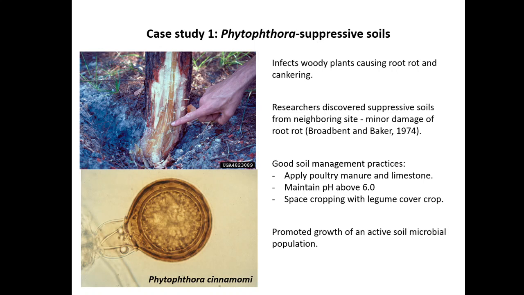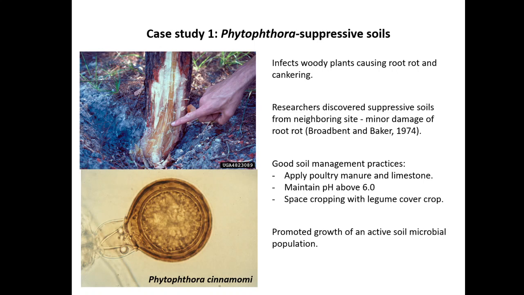There is one research on avocado groves in Queensland, Australia. There was a severe and economically significant outbreak of root rot due to this fungus, Phytophthora cinnamomi. This was first documented in 1974 by Broadbent and Baker.